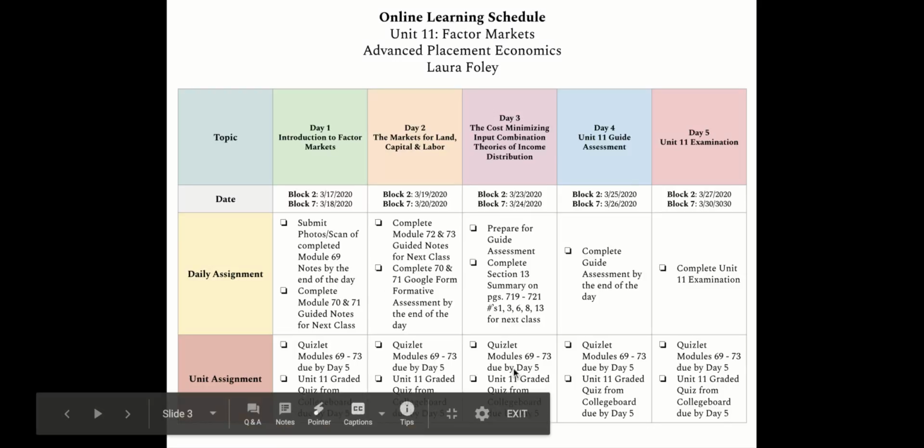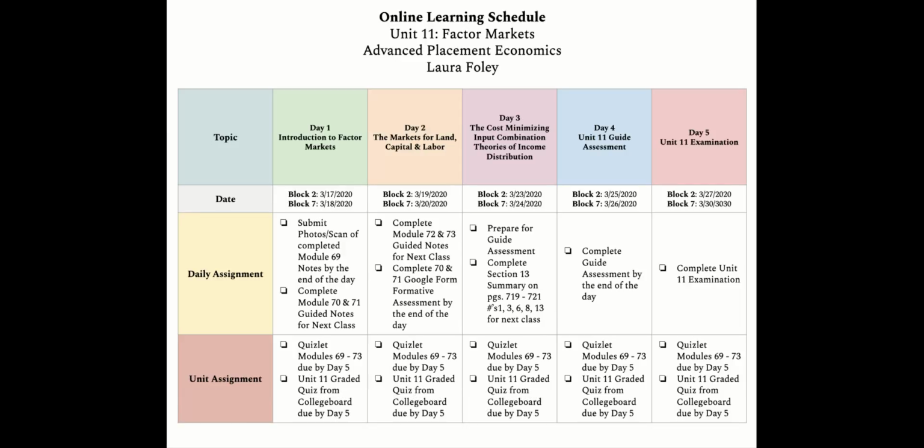Prepare for your guide assessment. You should be doing your modules 69 to 73. I just finished grading the modules and I'll be posting them today from Unit 10. Some of you dropped the ball on those. We need to get better at that. Remember, you are using the Learn and the Test feature on the Quizlet, so get that going.